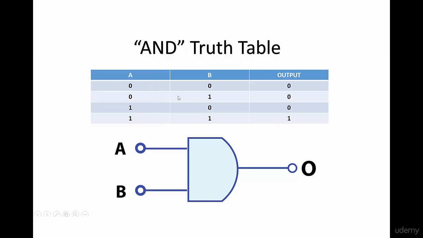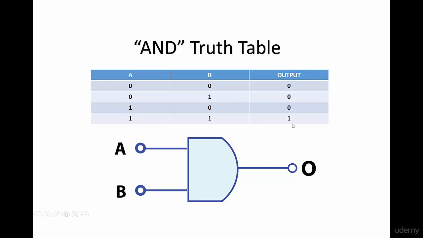Another way of saying that is if A and B are true, then the output will be true. That's why it's called the AND gate. So if you look here, if A is false and B is false, you're going to get false. If either one of them is true, you still get false, but when A and B are true, you get true. So that's the AND gate.